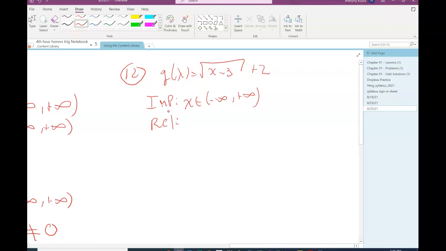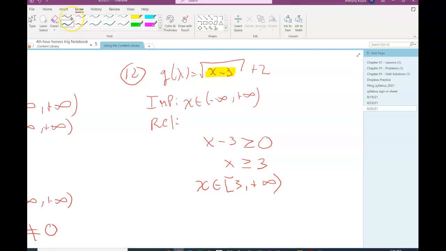The only thing that can cause a problem is the square root, and square roots have to be done to non-negative numbers. So the part under the square root has to be greater than or equal to 0. When I solve that inequality, I get x is greater than or equal to 3. So I get this as my domain.